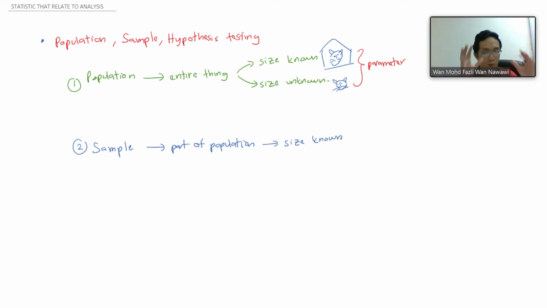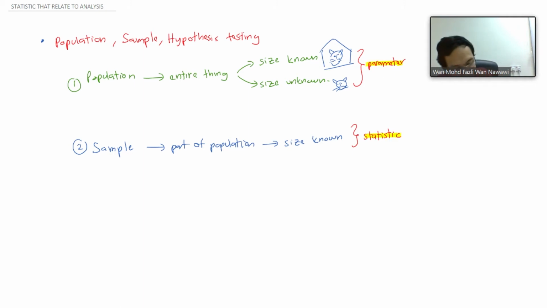When you deal with the sample, you are basically doing statistic. So when you do sampling, you are doing statistic. Often you know whether you deal with a parameter or a statistic when you see the statement.